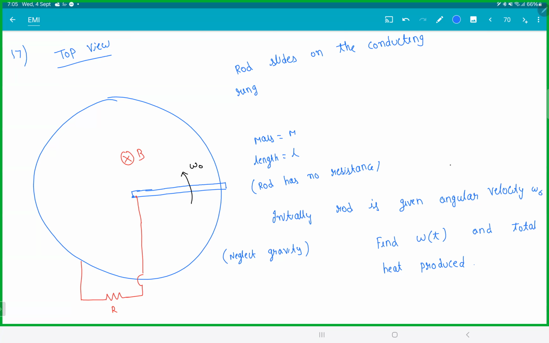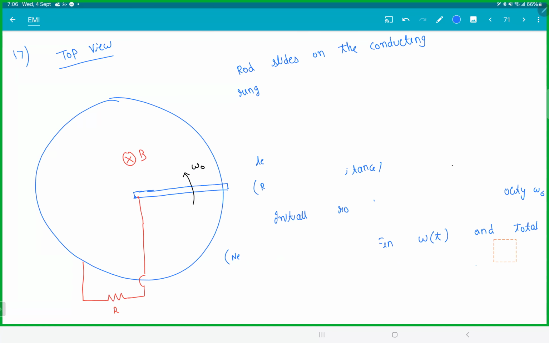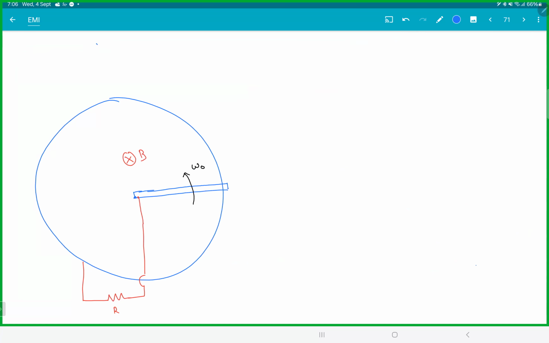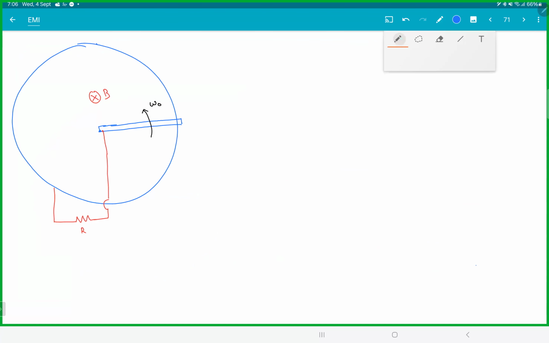Why is the rod slowing down? See, if you draw the circuit, you'll realize again how to get the direction.